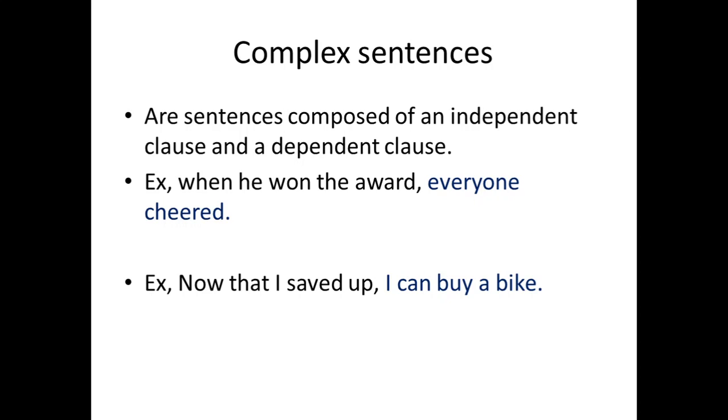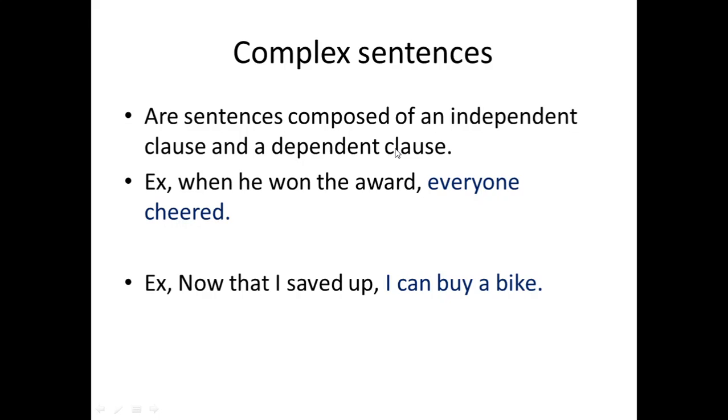Today's lesson is the continuation of the types of sentences, of sentence structures. So now we're going to talk about complex sentences. Complex sentences are sentences composed of an independent clause and a dependent clause.